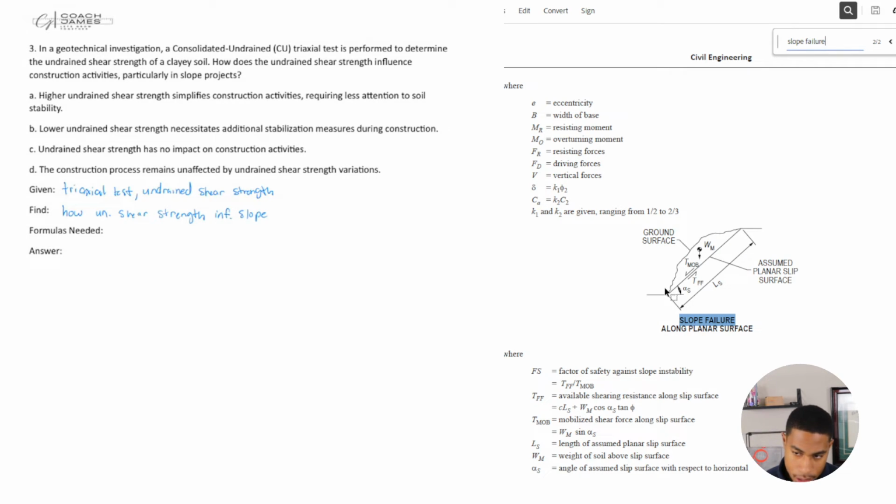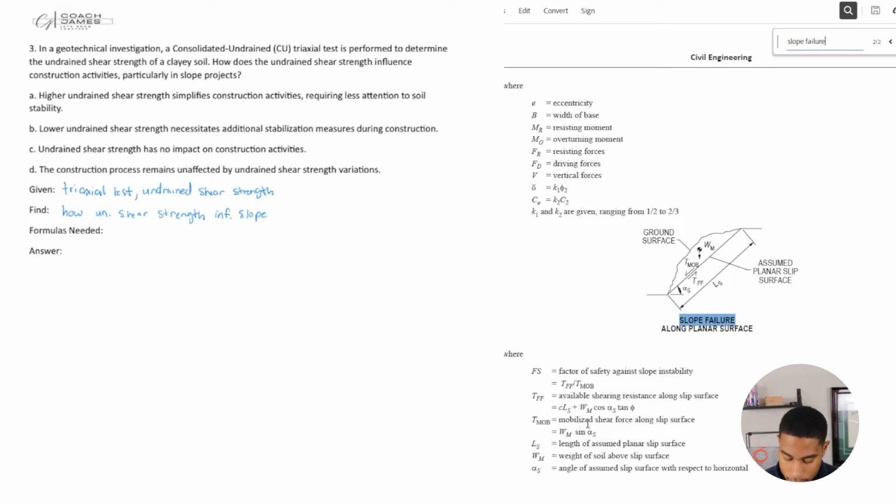So you've got force coming down, and then you have force that's trying to counteract it and make sure this does not slide along the slip surface. So when we look at this, it deals with shearing resistance and shear force.